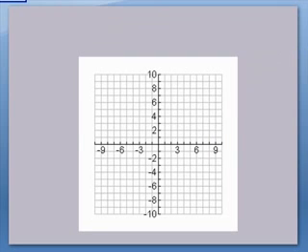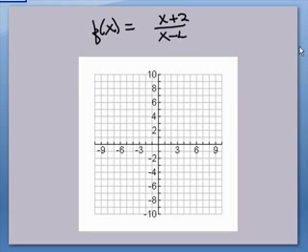We're going to take the function f of x is equal to x plus 2 over x minus 4. Okay, so without a calculator then, you're going to be responsible for the asymptotes. On this one, our domain is everything except for 4.